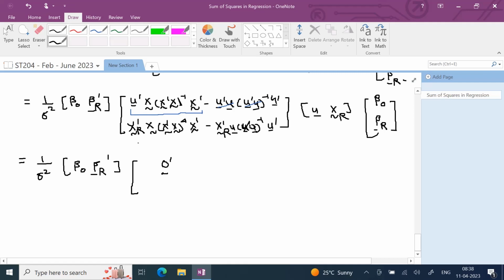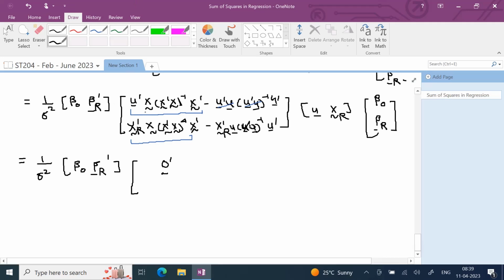What do I have here? Now I will use that same result. We knew that X r was another part of that partitioned matrix. So X r prime X, X prime X inverse X prime will actually be simply X r prime. Let me write that.